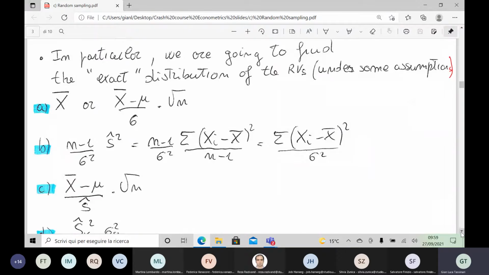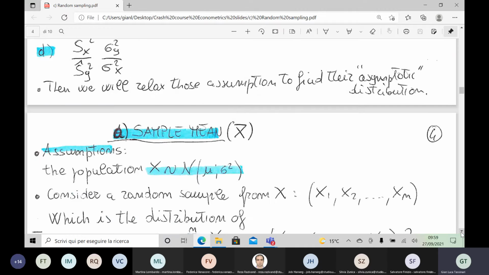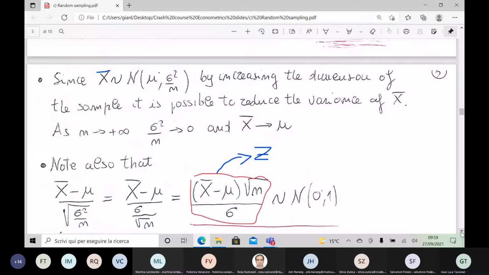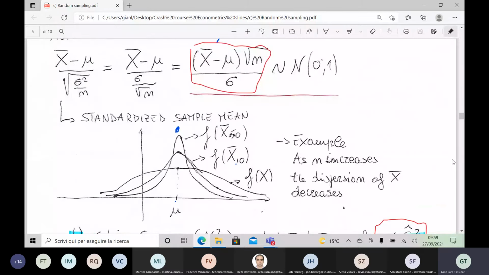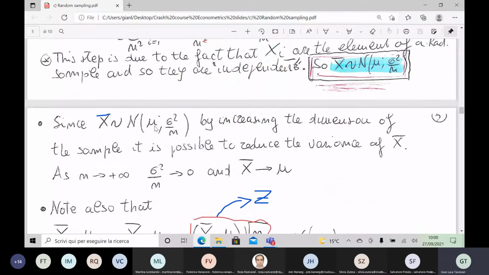But before, I think I did a graph to explain the meaning of increasing the dimension of the sample. So I want to show, guys, what I told you here graphically. The intuition: what occurs to the distribution of x bar when n increases?